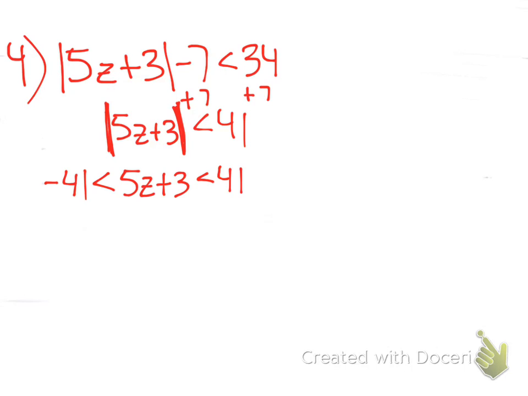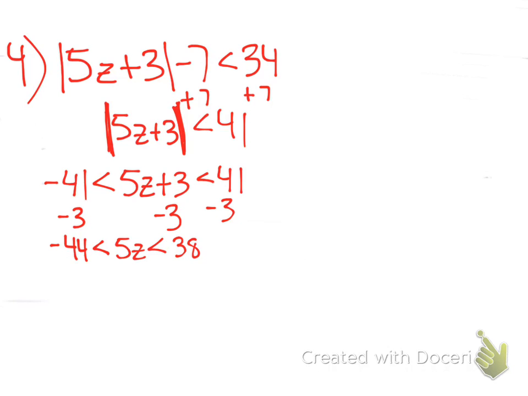Alright, whatever we do to get z alone in the middle, we have to do to the outer parts also. So what am I going to do? Subtract 3 from the middle and from both sides. So we end up with a negative 44 is less than 5z is less than 38.